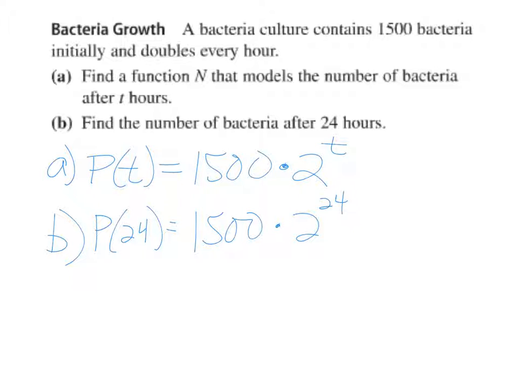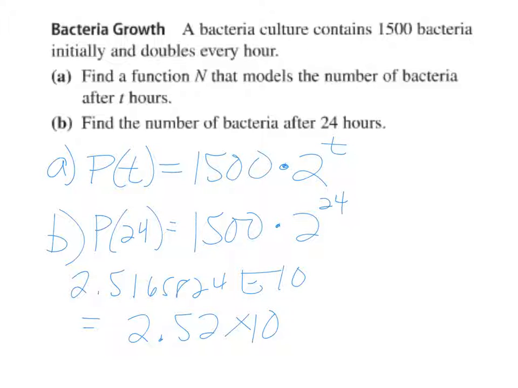Remember, exponents come before multiply. Now, in the graphing calculator, when you plug that in, you get 2.5165824 E10. That E stands for scientific notation. So the way you would write the answer is, let's round to 2 places, 2.52 times 10 to the 10th.